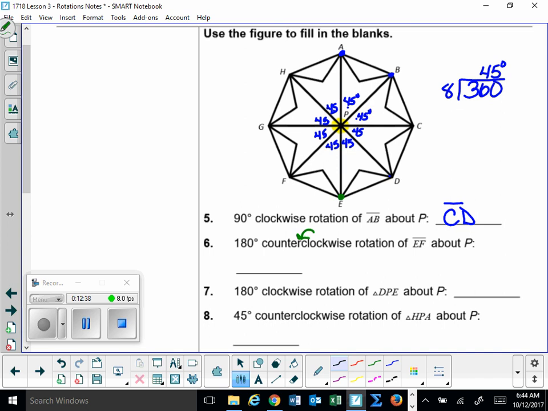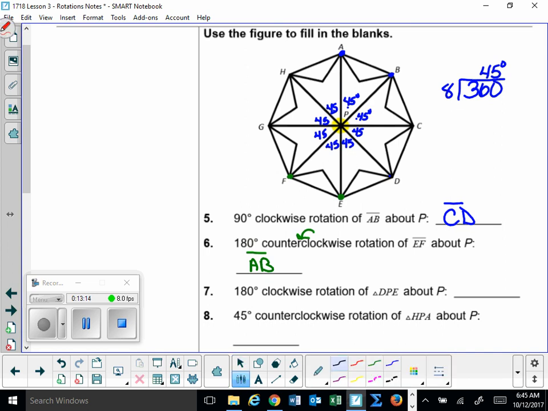I'm going to go counterclockwise, which means I'm going to the left. 45 is D, 90 is C, 135 is B, 180 is A. Okay, let's go to F. 45 would be E, 90 would be D, 135 would be C, 180 would be B. Don't forget the bar because we rotated a line segment.